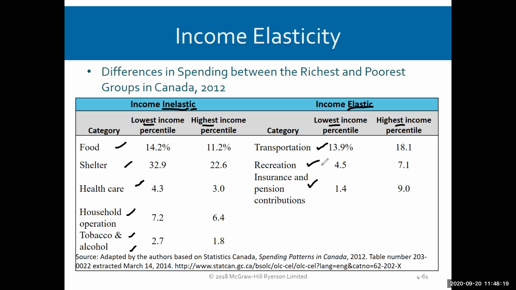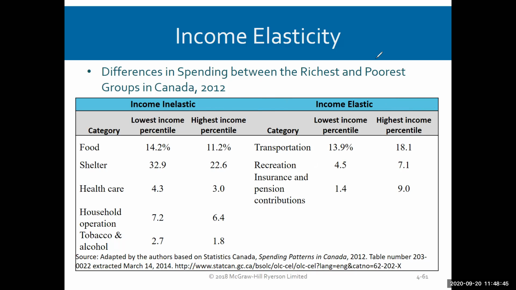So with a percentage increase in income, you may end up spending it on recreation, and those are luxury or income elastic. So I'll just write luxury here because that was how we set it up on the previous page. Luxury, and these are necessities. Luxury and necessity. Okay, so that's how we split them apart.